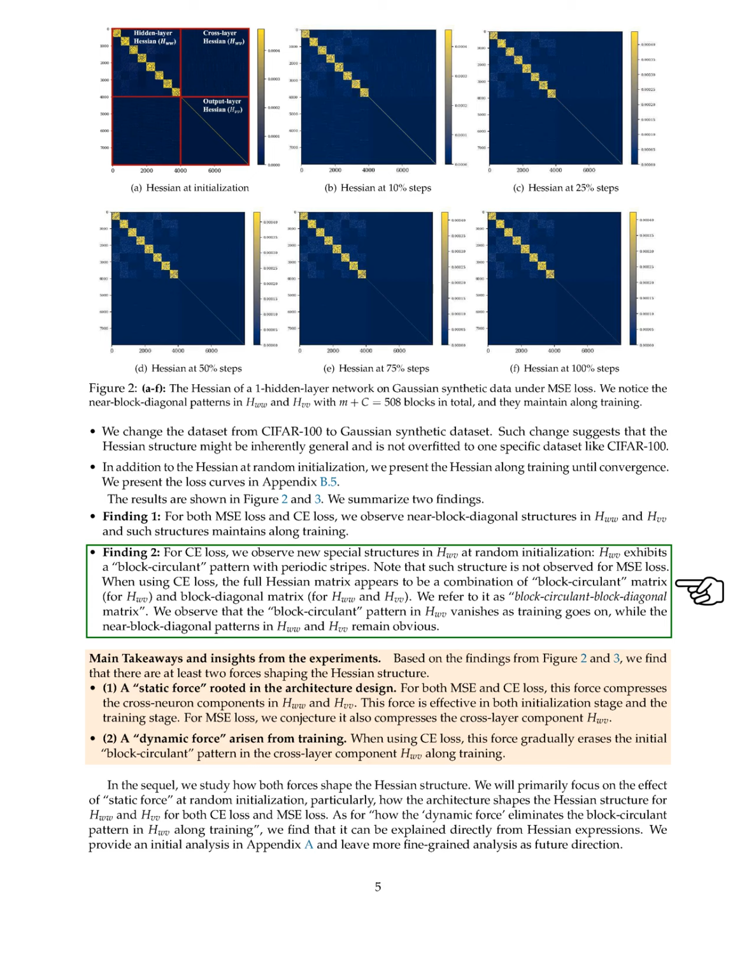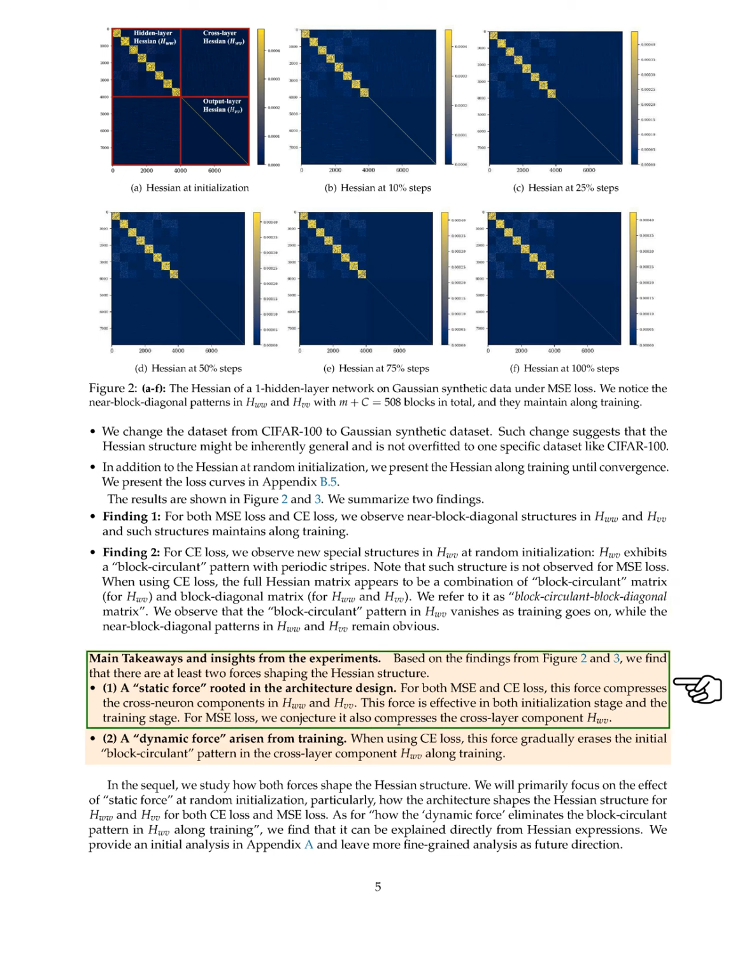From our experiments, we identify two main forces shaping the Hessian structure. 1. A static force from the architecture design that compresses cross-neuron components in the hidden and output layers during both initialization and training stages. We suspect it also compresses the cross-layer component for MSE loss. 2.